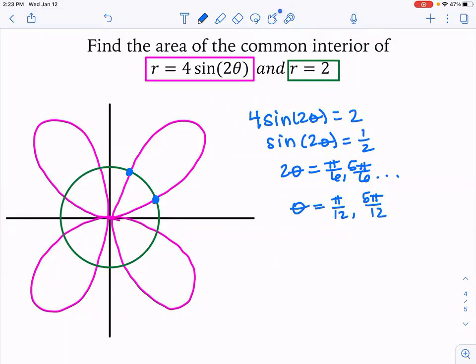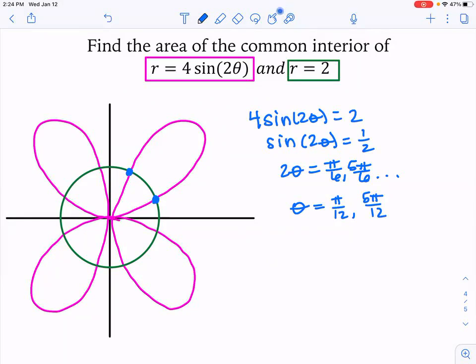Okay. I'm going to show you this. Do you see how we color in this area here? We get to the intersection, and now we're going towards this circle. And then we get here, and now we're coloring towards the petal.